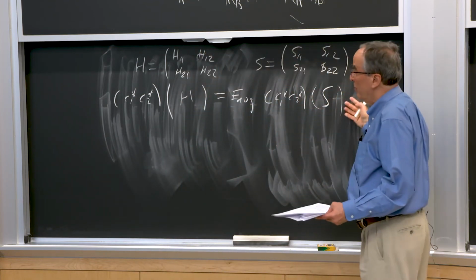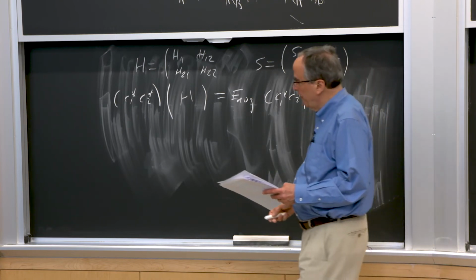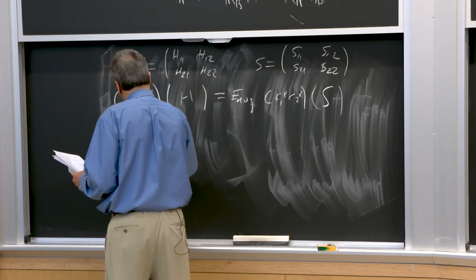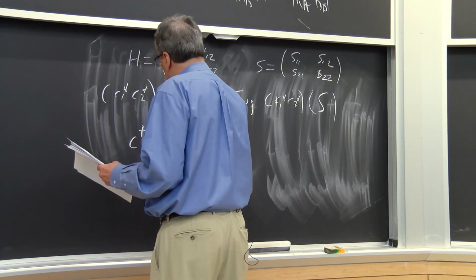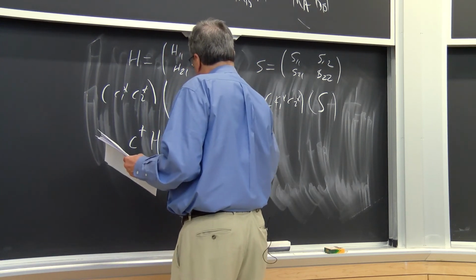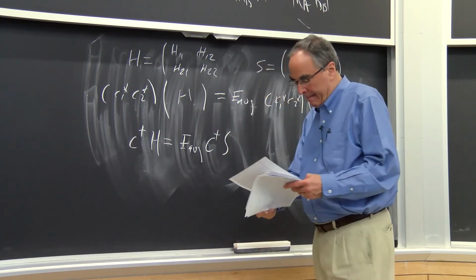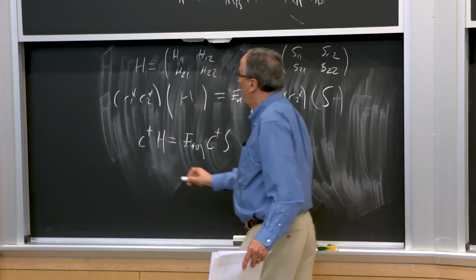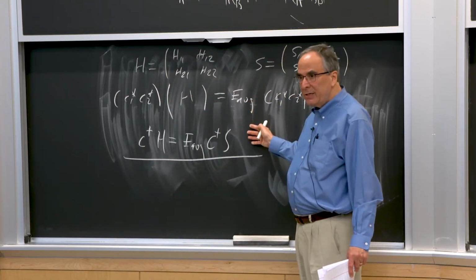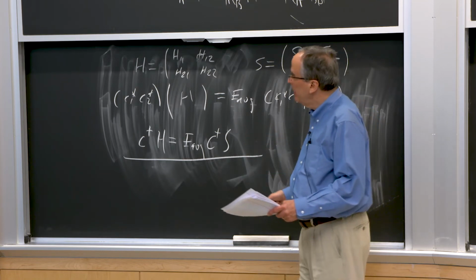And you can write this down, and when you take the derivatives with respect to C, you get C dagger H is equal to E average times C dagger S. Now, if instead of taking derivatives with respect to the C's, we took the derivatives with respect to the C stars, we'd get a different equation.